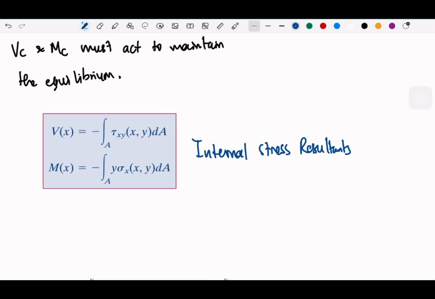As we see from the definitions, the shear force is the negative integration with respect to A of tau xy of the coordinates xy dA, and M is the negative integration with respect to A of y sigma x of xy dA. Okay, so what is this?